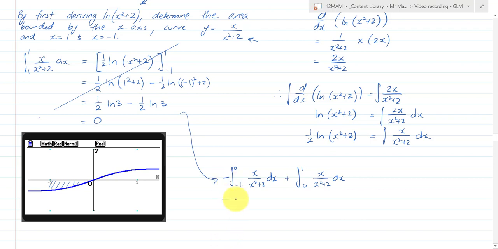And so that gives me negative of, bracket here, a half natural log of x squared plus 2 between 0 and -1 plus a half natural log of x squared plus 2 between 1 and 0.